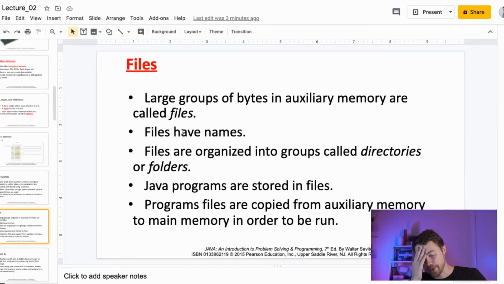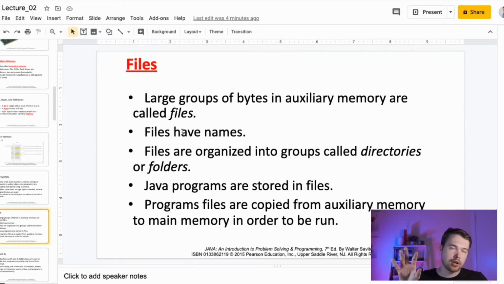Files. Okay, so what are files? Files are considered a large group of bytes in auxiliary memory, auxiliary, not main. Files also have names, for example, music.mp3. Files are organized into groups called directories or folders. Java programs are also stored in files, and they would usually be, for example, homework1.java.